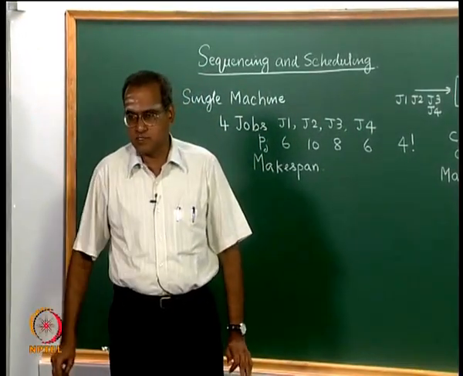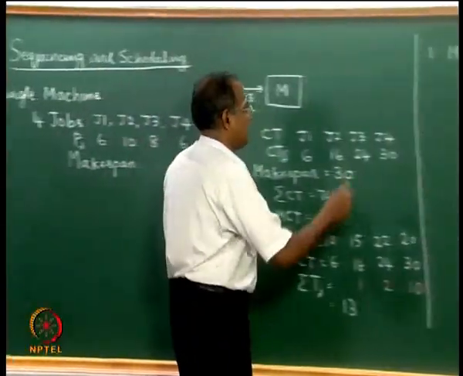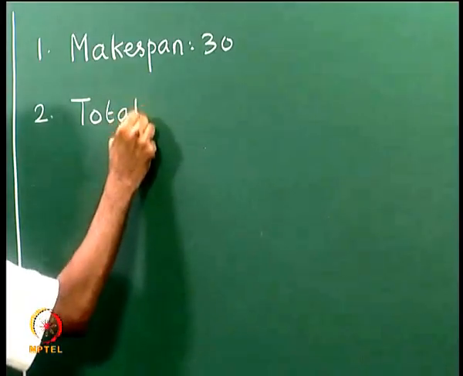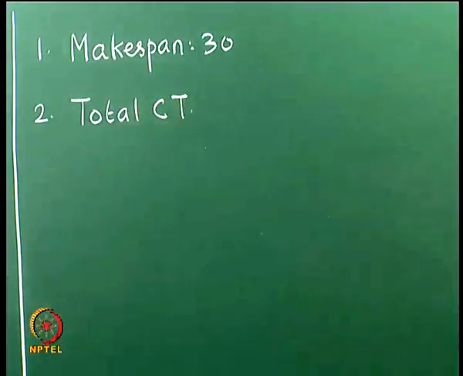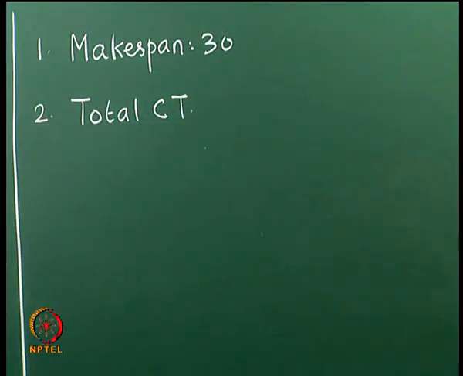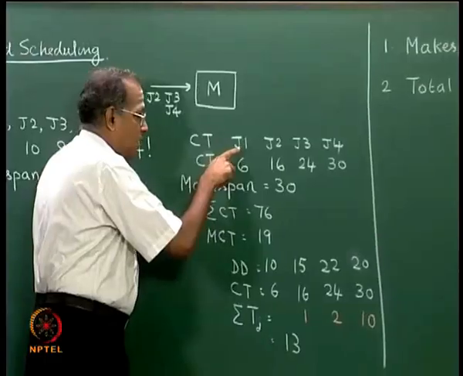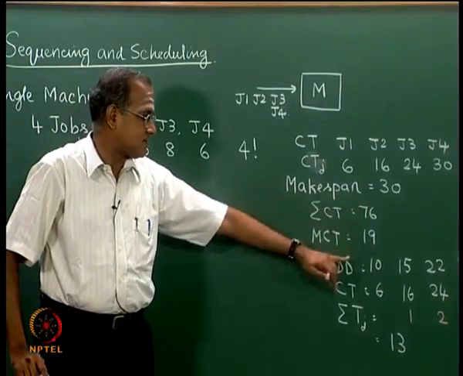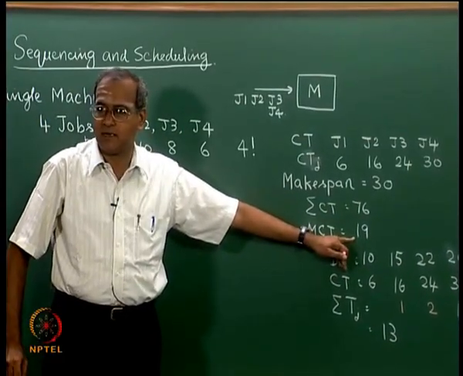Then we move to the total completion time or mean completion time. Now, we ask ourselves the question: if we send the jobs in the order 1, 2, 3, 4, the sum of completion times is 76 and the mean completion time is 19.